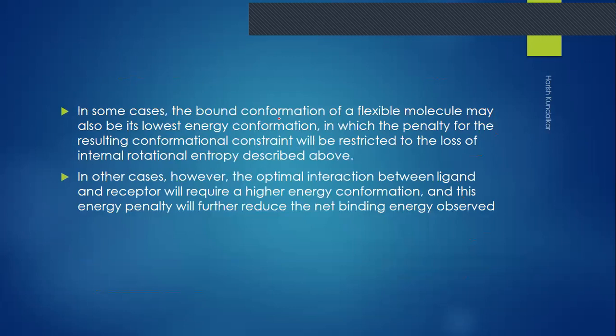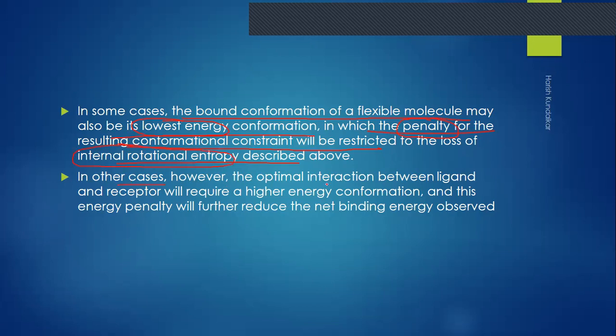In some cases, the bound conformation of a flexible molecule may also be its lowest energy conformer, in which case the penalty will be restricted to the loss of internal rotational entropy only. So, if it is a low energy conformer, then it is better because the penalty in the calculation would be only due to internal rotational entropy loss.